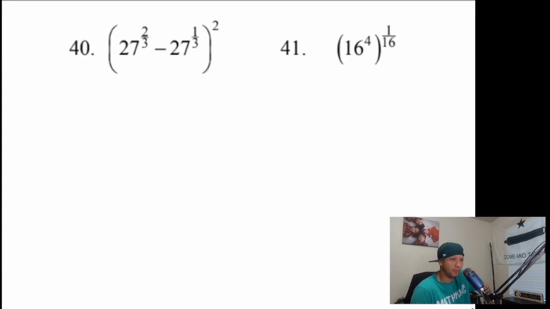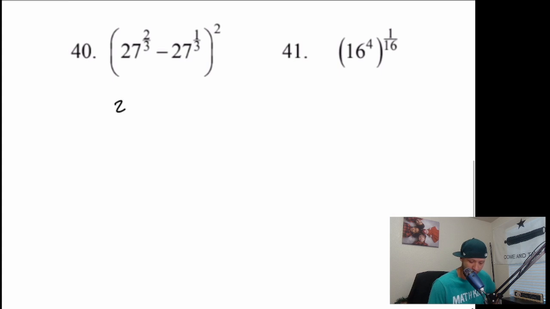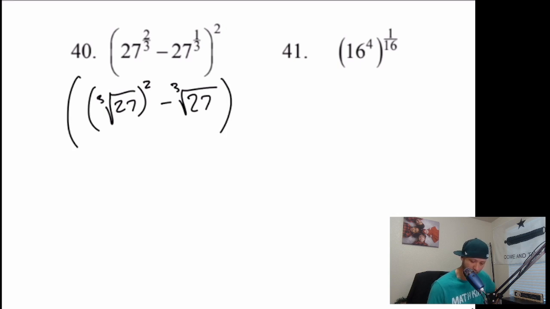All right, number 40. In parentheses, 27 to the 2/3 power minus 27 to the 1/3 power, all squared. Before we square anything, let's try to simplify the inside part. So this is going to be the cubed root of 27, squared, minus the cubed root of 27, and all of this is going to be squared.